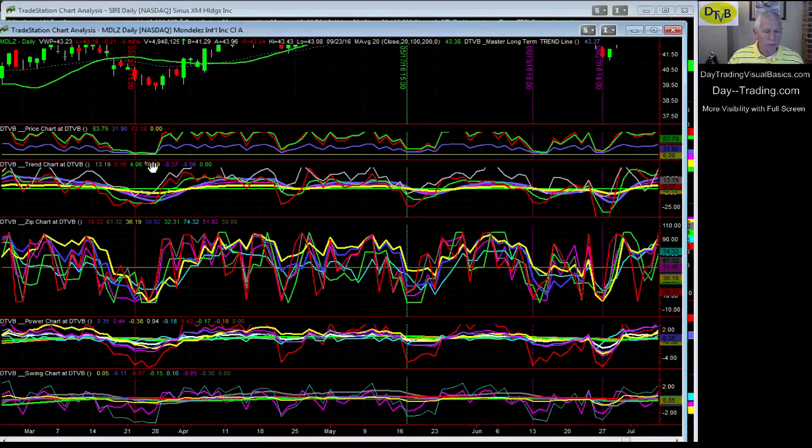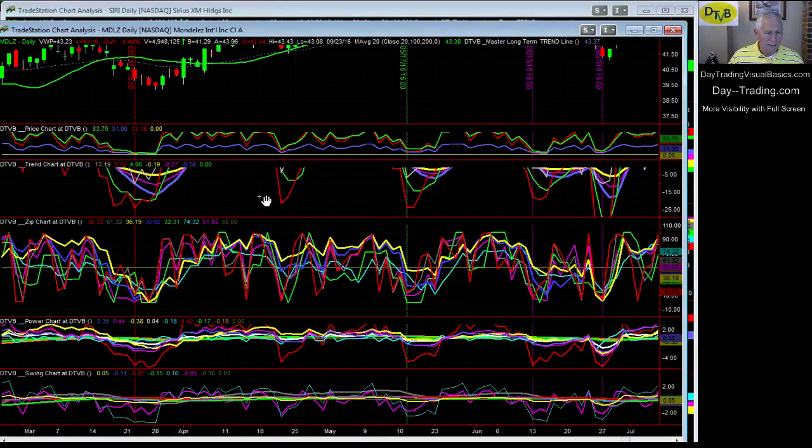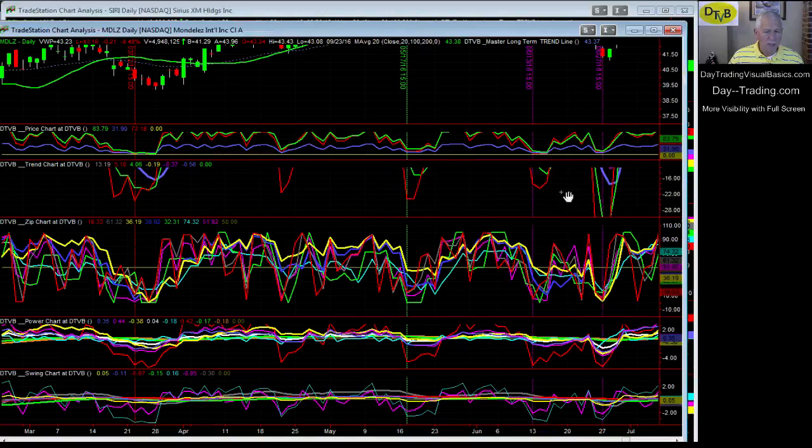We think we're in a right leg OK pattern, or at least most of the time you do, but you need to examine it and see where you're at. And you can tell now by the expansion in this chart that we have a right leg W lower pattern. And those are not good compared to a right leg W higher pattern.